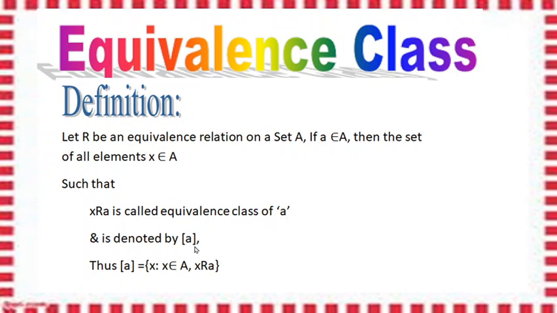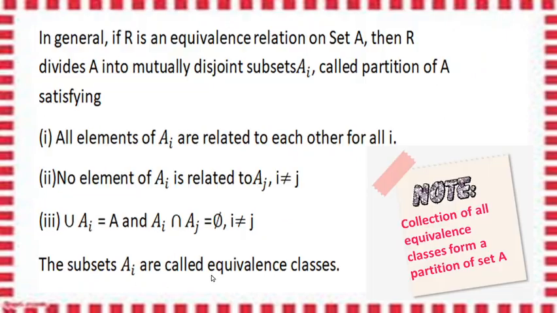These two big brackets are the notation for equivalence class. And how we write it: the equivalence class of a is equal to x, means all those elements which belong to set A and they are related to element a, or basically they are in our relation.